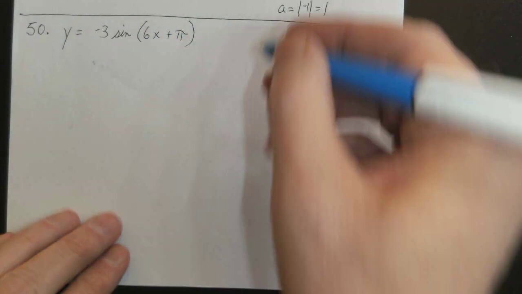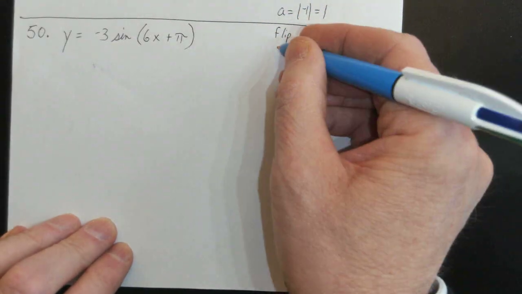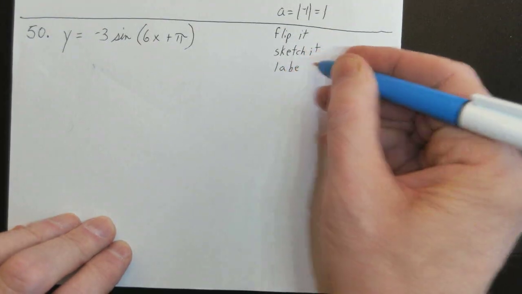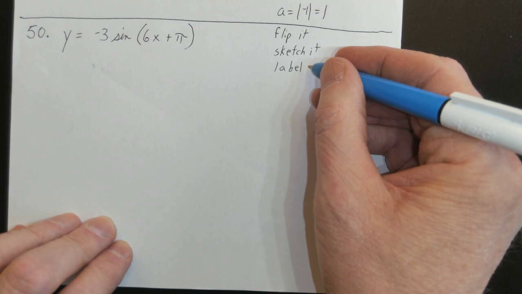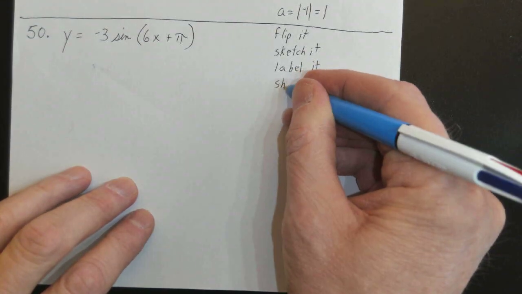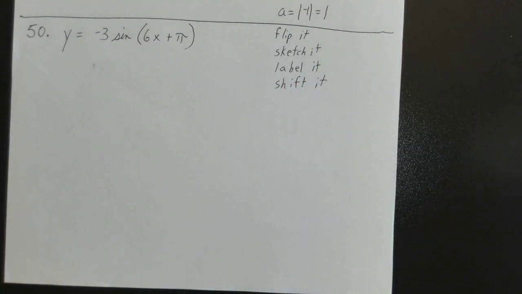Okay, we are going to flip this one, right? We will flip it. We're going to sketch it. We will label it after we figure out the period. And in this one, we're going to shift it. We're going to have a phase shift on that, and we'll look at how that works.